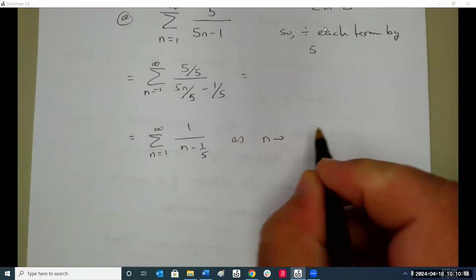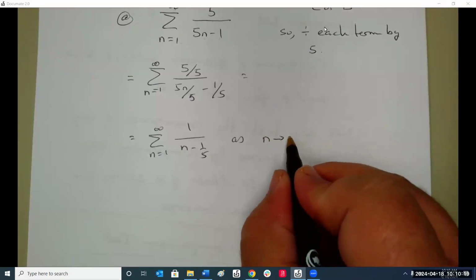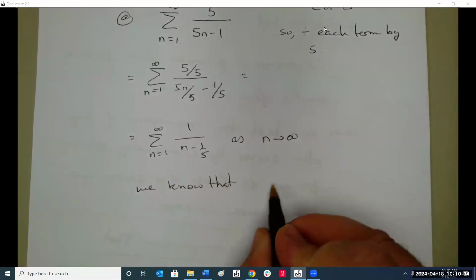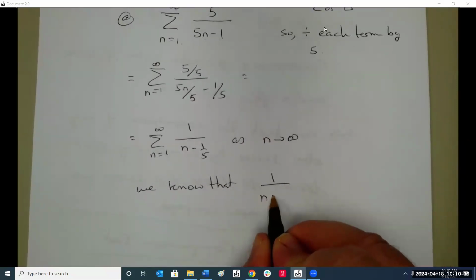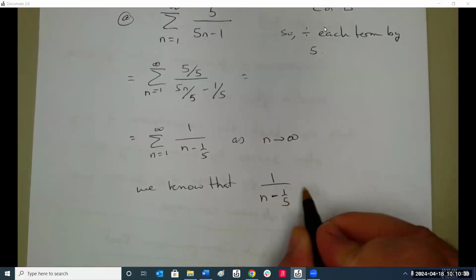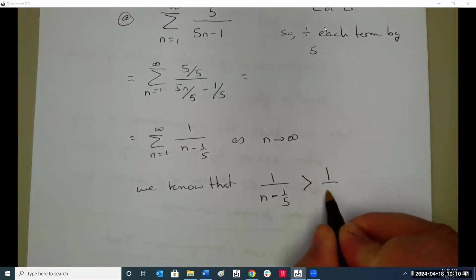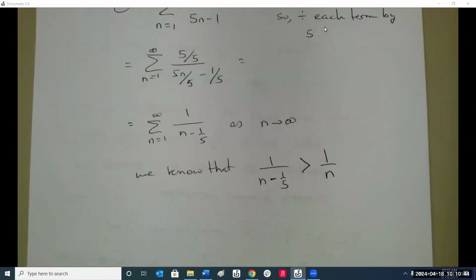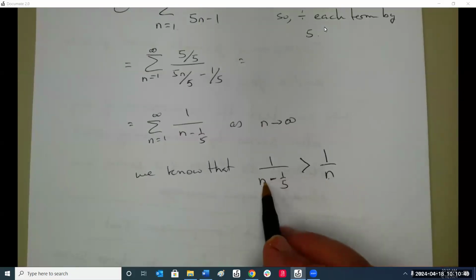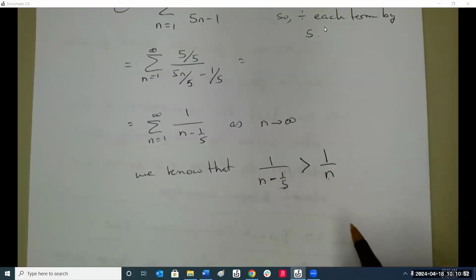As n goes to infinity, we know that this series is larger than 1 over n, because if n is 10, this is 10 minus 1 over 5, so this is going to be smaller.